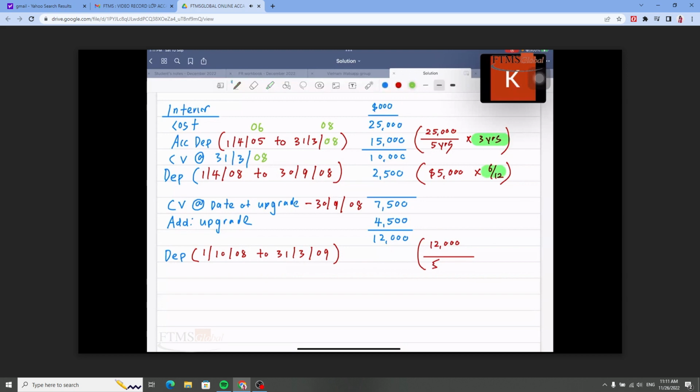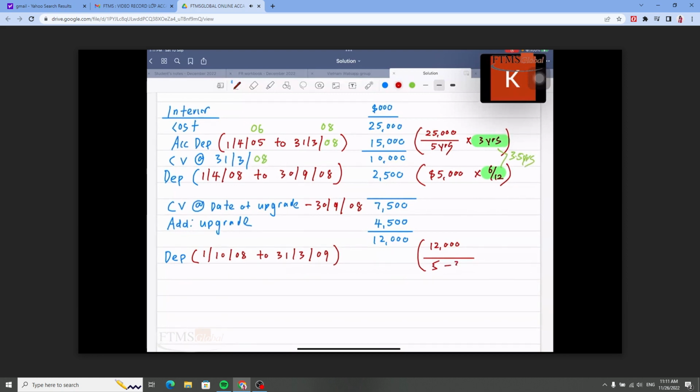So to calculate your remaining useful life, very simple. I just need to use 5 minus 3.5 years. After I do that, that will be the remaining years. Okay, then of course, most people will get stuck here. They will just fill in the answer, but be very careful. This is 6 months. So you need to multiply by 6 over 12.